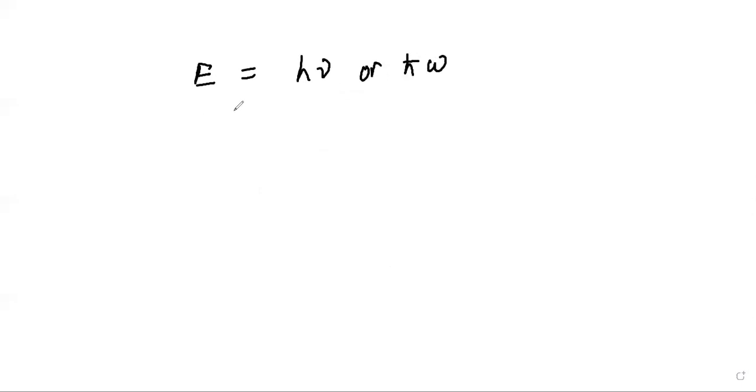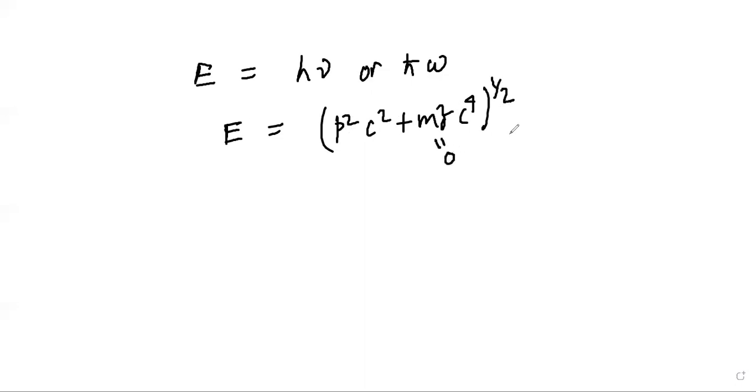Momentum of the photon: because the photon has zero rest mass, if I substitute E equal to (P squared c squared plus m0 squared c to the fourth) to the power 1 by 2 and put m0 equal to 0 for the photon, then we get (P squared c squared) to the power 1 by 2.